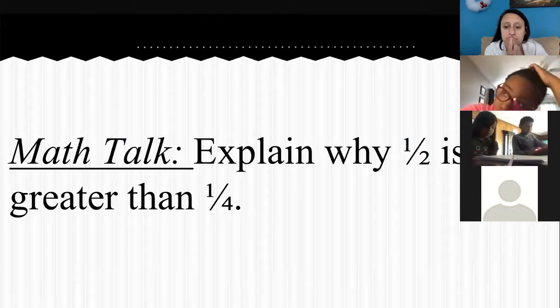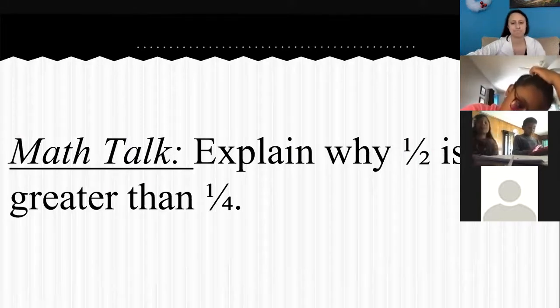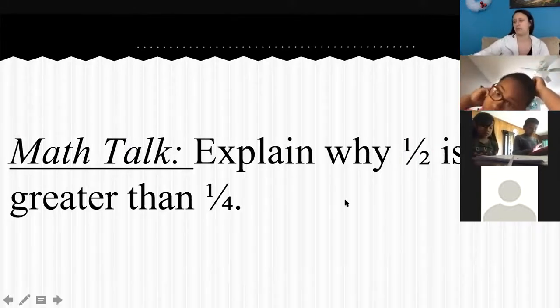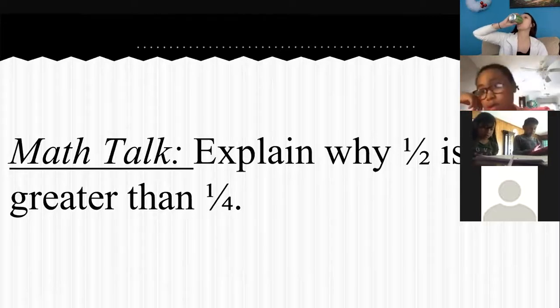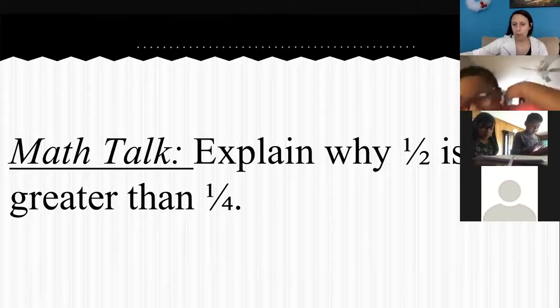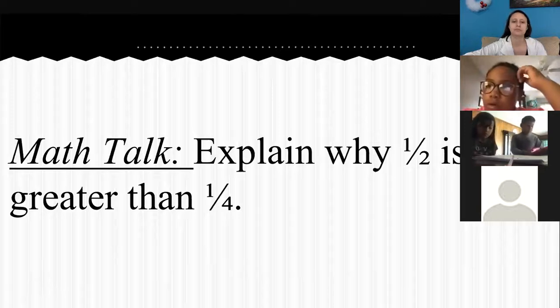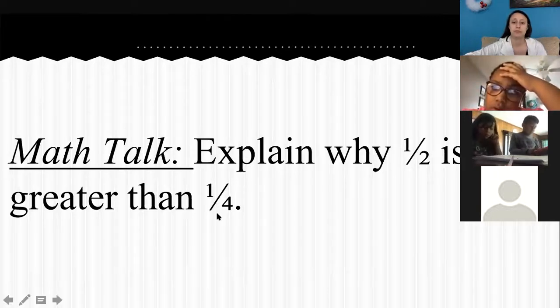I want to have a big question. Why do you guys think? This is true. 1/2 is greater than 1/4, but why? The 2 got more like space, but like 1 out of 4.